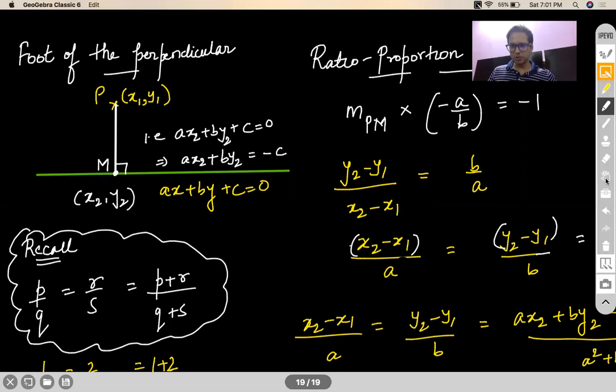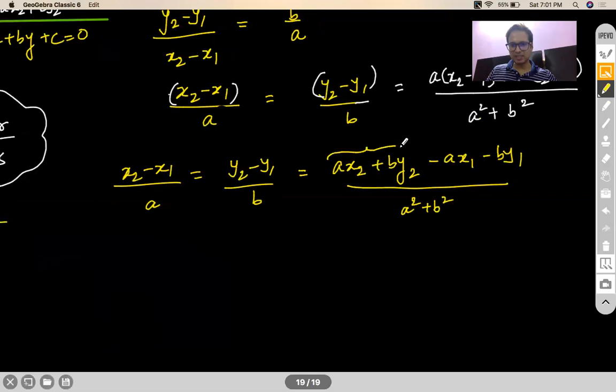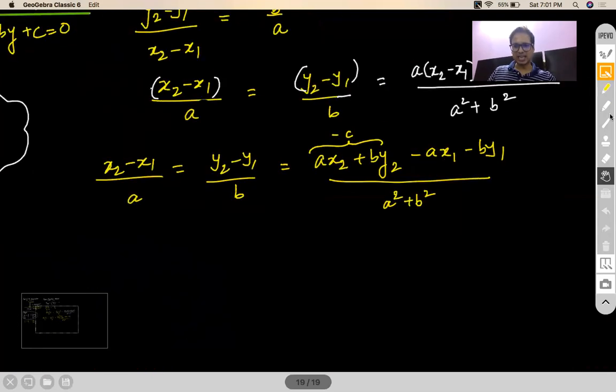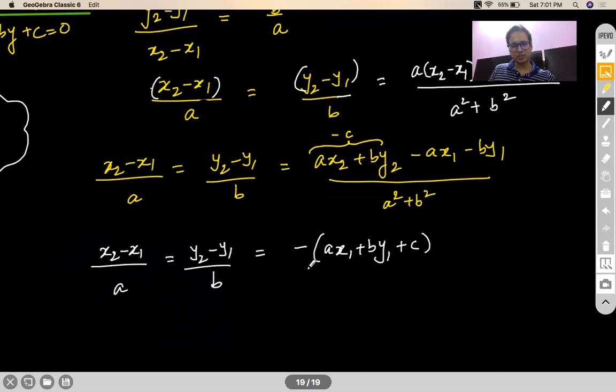So I'm going to come back to this step and replace this with a negative c, because we have just figured out that ax2 plus by2 is negative c. When I do that, I end up with the formula that I had given you in the previous slide. So if you put a negative c, it becomes negative of ax1 plus by1 plus c by a square plus b square. This is how this formula is derived.